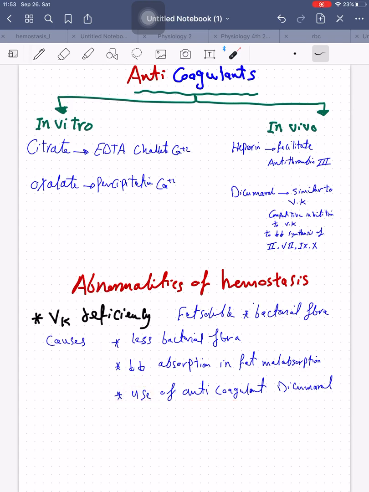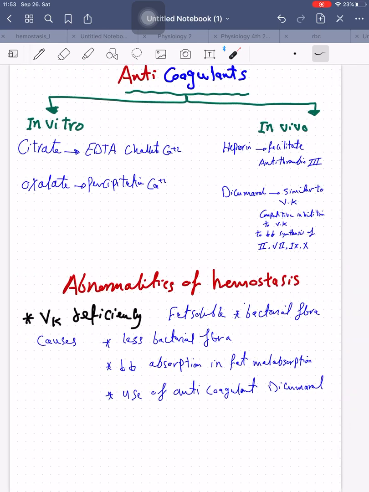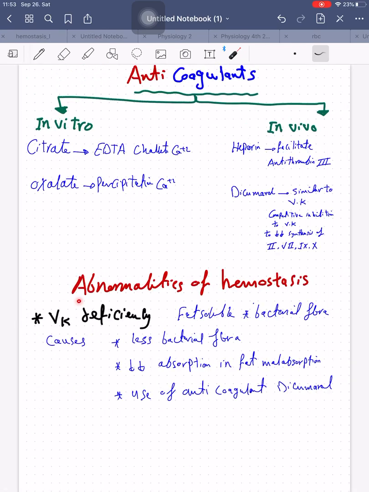Here is what we should know. I just need to add something here for you. Under the abnormalities of hemostasis, maybe you remember something called hemophilia. We have one disease called hemophilia. And this hemophilia is an X-linked recessive disease.